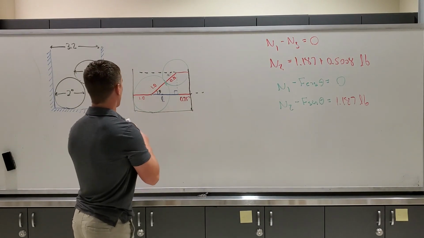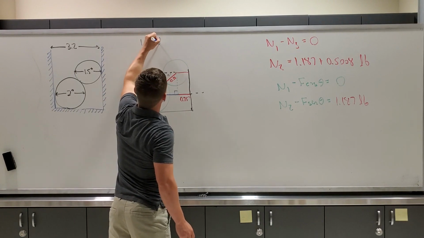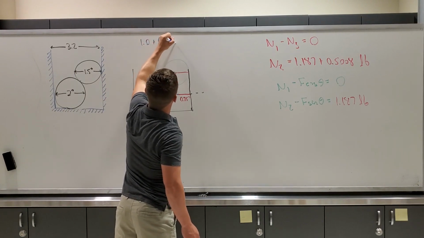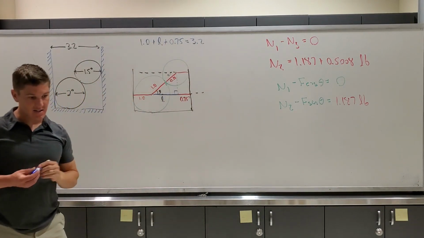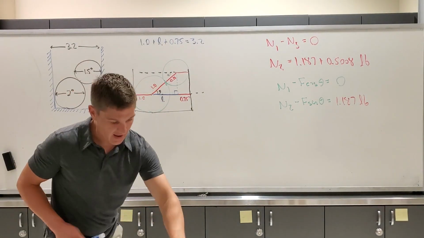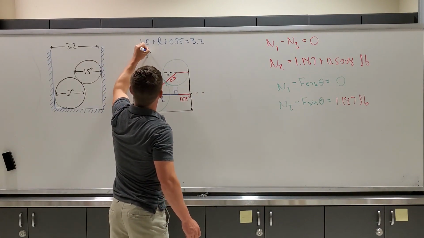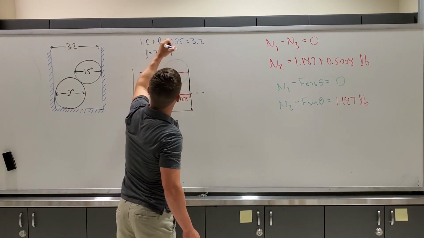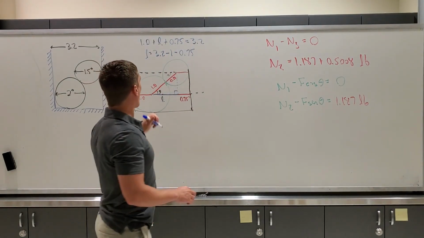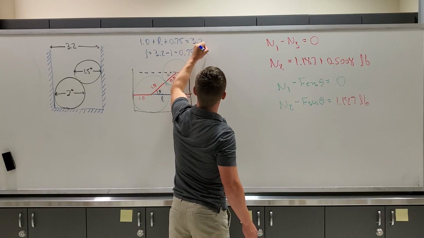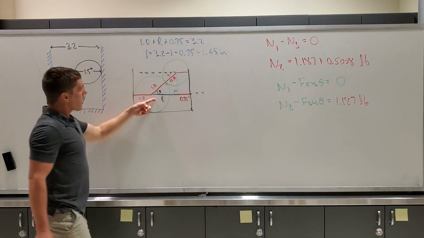So 1.0 plus L plus 0.75 is equal to 3.2 inches. Now if I work that out, I get that L is equal to 3.2 minus 1 minus 0.75, which is, in fact, 1.45 inches.